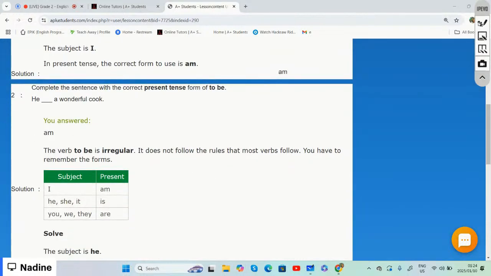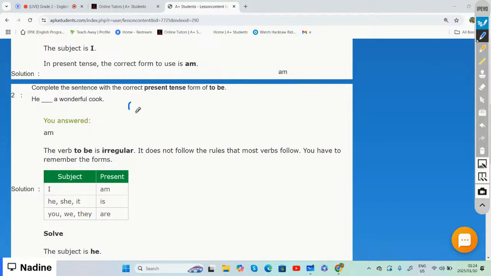He, he. Do we say he am a wonderful cook? He is a wonderful cook, or he are a wonderful cook? We need to choose the correct verb or the present tense form to be to complete our sentence. He am a wonderful cook. He is a wonderful cook.